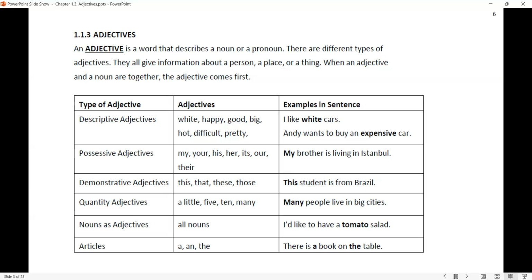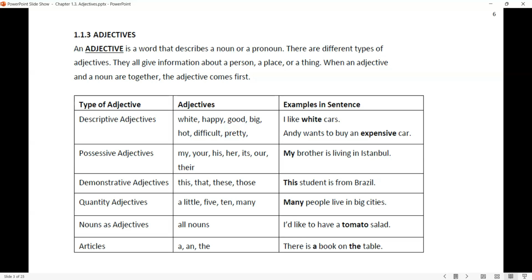Quantity adjectives: a little, 5, 10, many, a lot of, much. They come before the noun again. Many people live in big cities. Nouns as adjectives: all nouns, like I'd like to have a tomato salad. Tomato is a noun, and here we have another noun after that. So nouns can be used as adjectives as well.